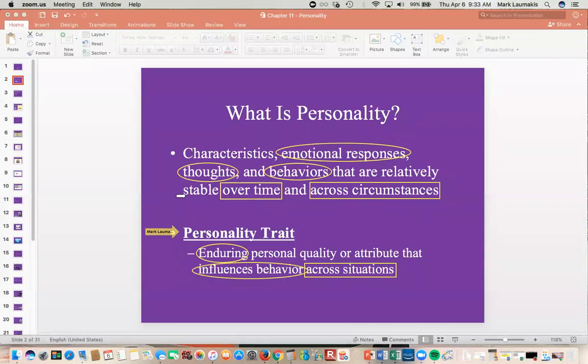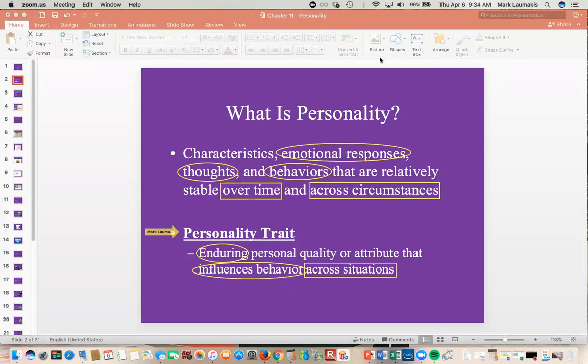And in fact, these traits are probably the best way if we want to try to determine the degree to which personality is genetically or environmentally driven. We could try to measure these traits and then look at them as they relate to different degrees of genetic relatedness. And that's exactly what we do, right? When we do twin studies and adoption studies.